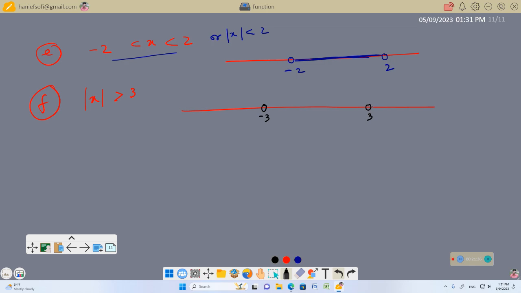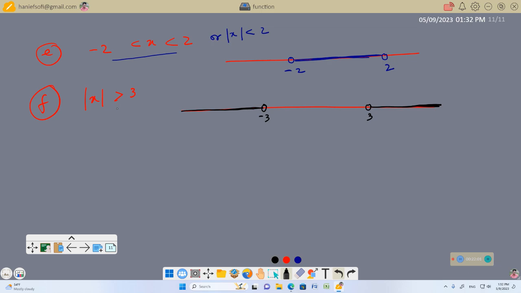So all the numbers to the right of 3, not 3, and all the numbers to the left of minus 3, do it clearly. All the numbers to the left of 3, sorry, minus 3, not minus 3, constitute this range.